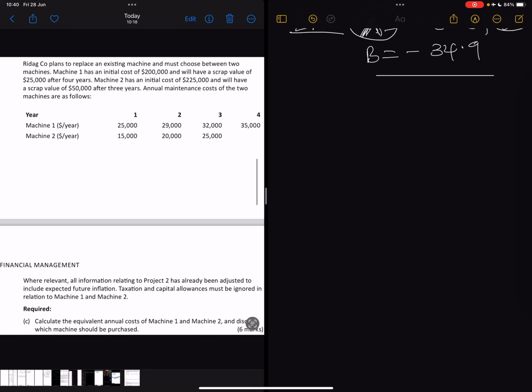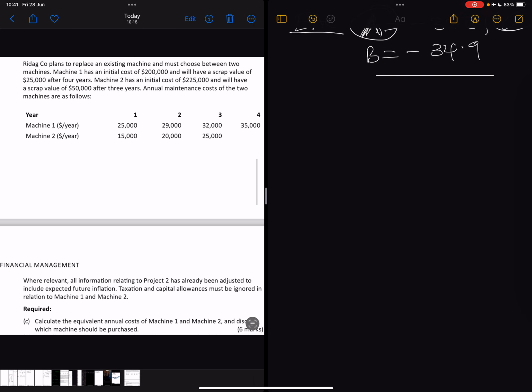Now the question is, with this information that we have, are we able to decide which of the machines? Let's continue reading. Where relevant, all information relating to project 2 has already been adjusted to include expected future inflation. So this is the project 2 we're looking at, the Ridag project, and inflation has already been adjusted for.